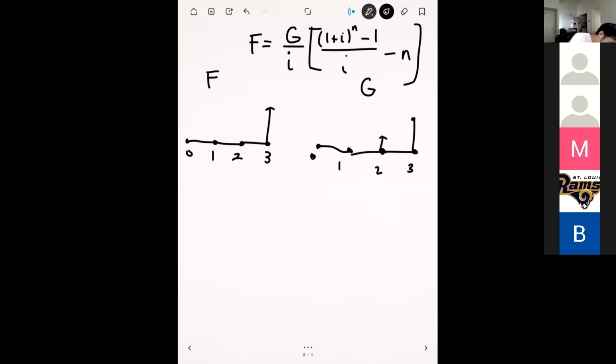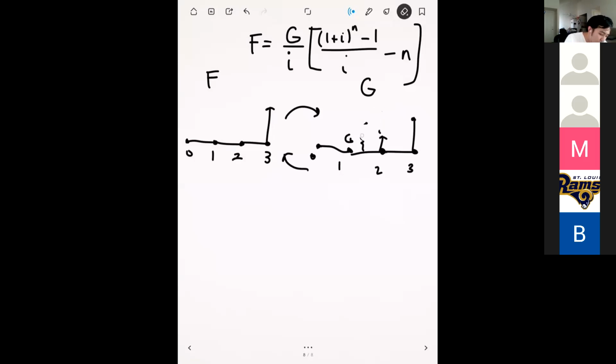Okay. And so there's the formula for that. And so you can use this formula to convert between a future sum at the end and the respective uniform gradient, or arithmetic gradient.